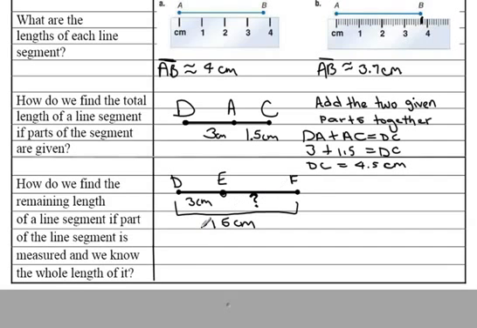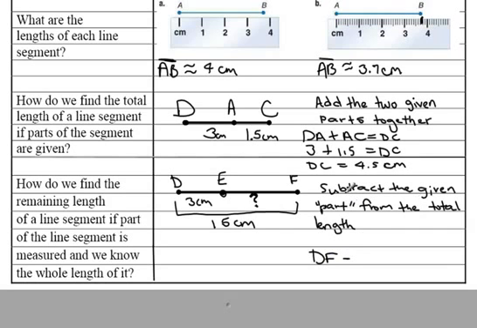Well, in order to find out, you're going to subtract the given length here from the entire line segment. So if we know the whole length is DF, you're going to subtract the given part from the total length. So you're going to subtract DE from DF.